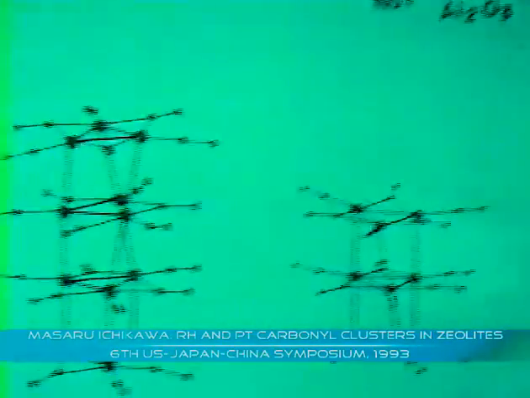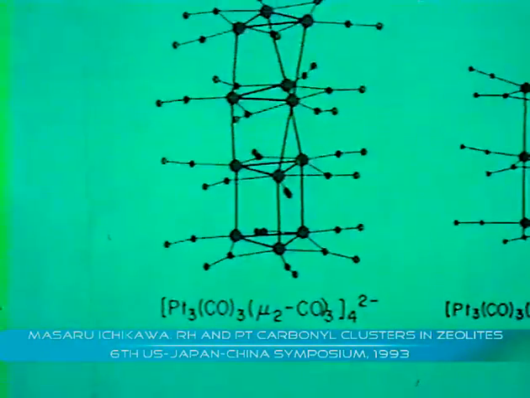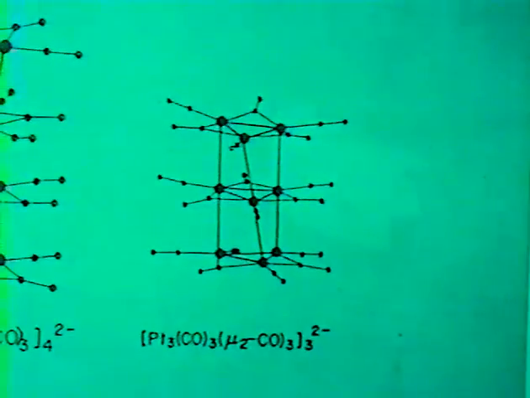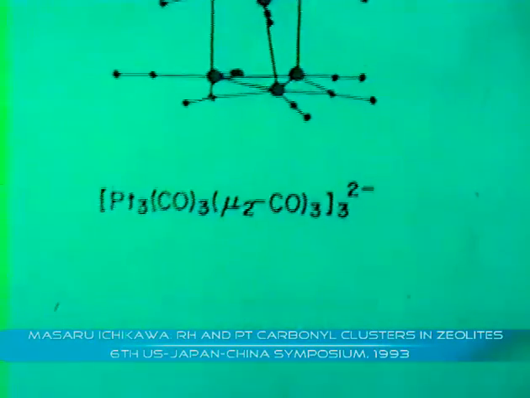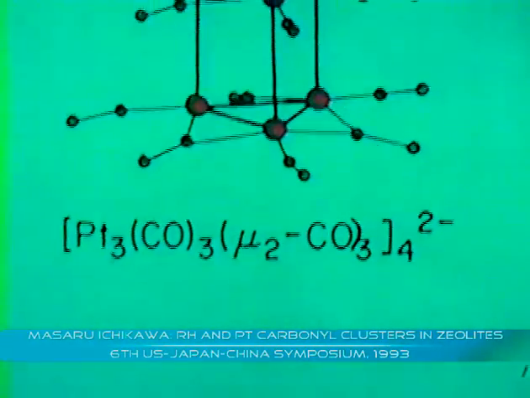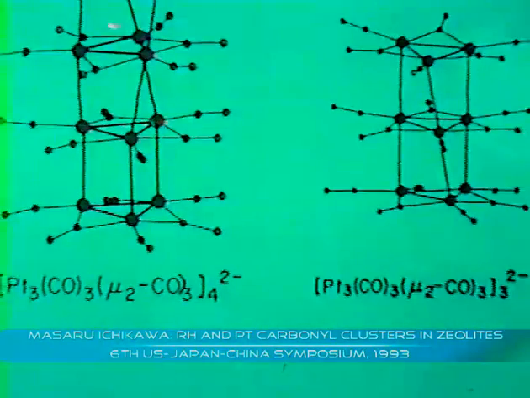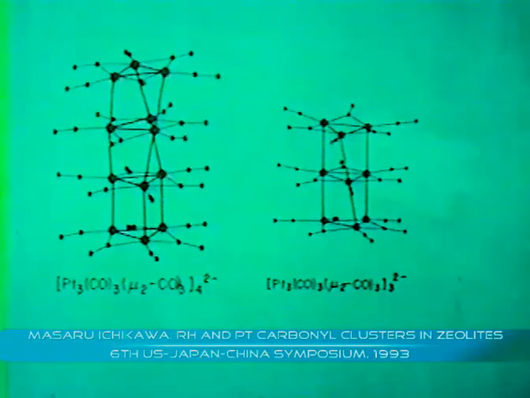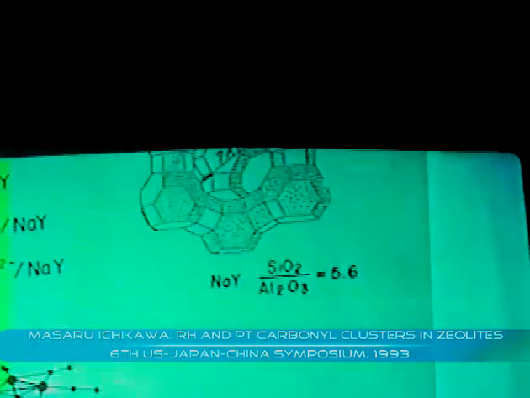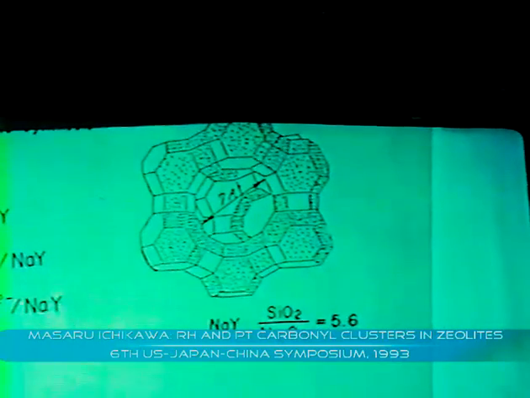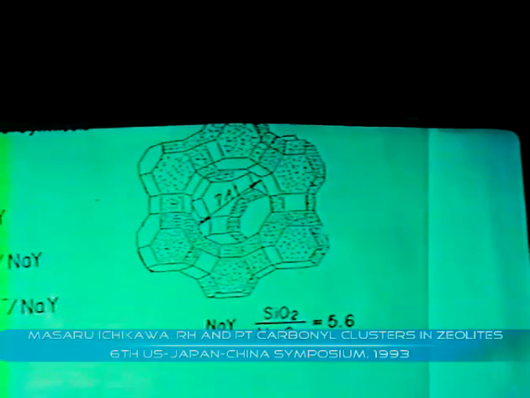Recently, we have extended the research work to prepare a series of platinum carbonyl clusters having three pronounced prismatic frameworks, synthesized inside of the zeolite supercage having a 13 angstrom lobby.